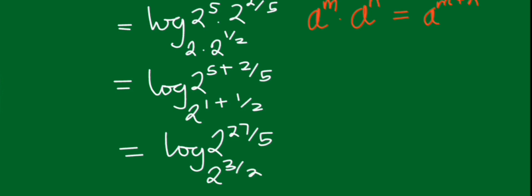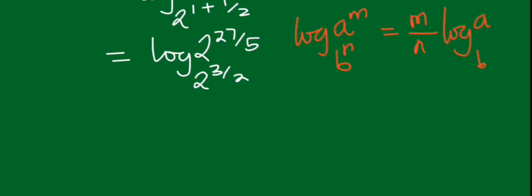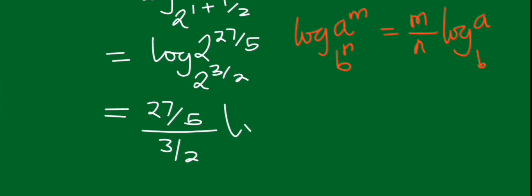Then we apply a special law of logarithm, that when we have the logarithm of a power and the base is also a power, it is the power of the log over the power of the base times the logarithm of a to base b, in this case, such that we have 27/5 over 3/2 times the logarithm of 2 to base 2, and the logarithm of a number to its own base is 1.